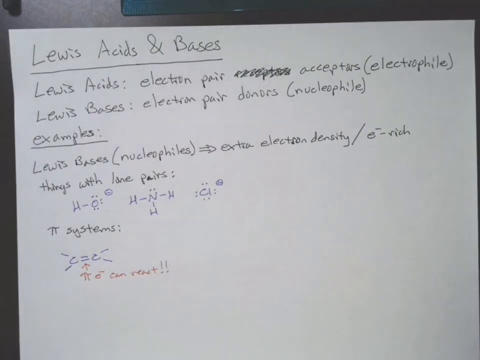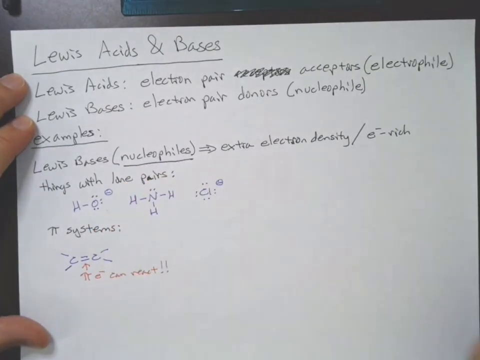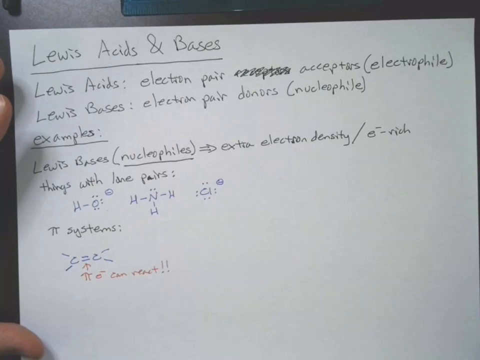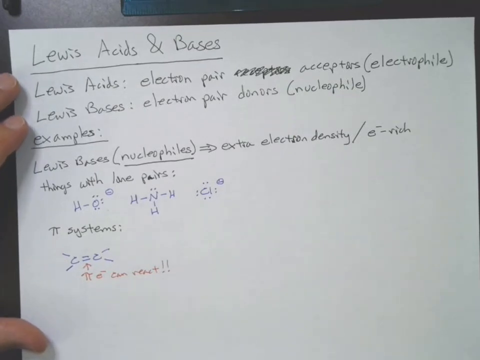And in particular, we will actually start using the terminology nucleophile instead of Lewis base when we talk about Lewis bases later on. So you'll see a bunch of this actually in chapter 6, and then again in 7 and 8 and 9 and 10 and 11.